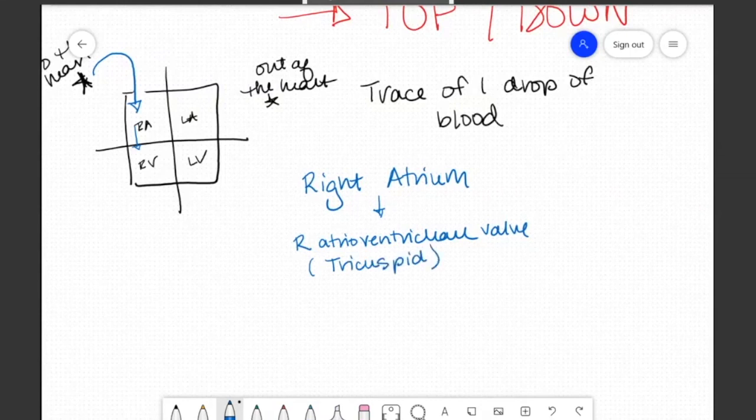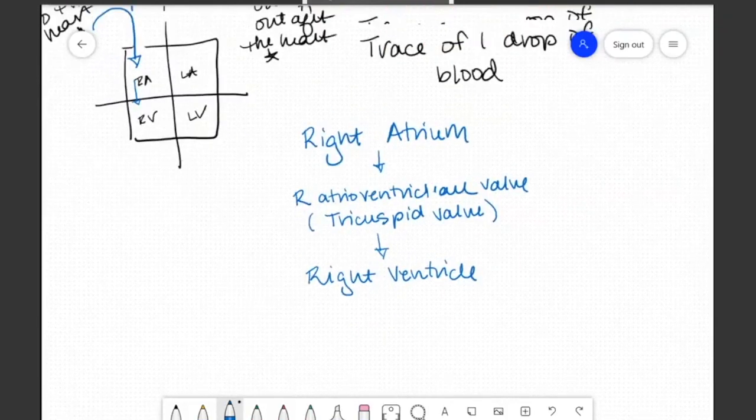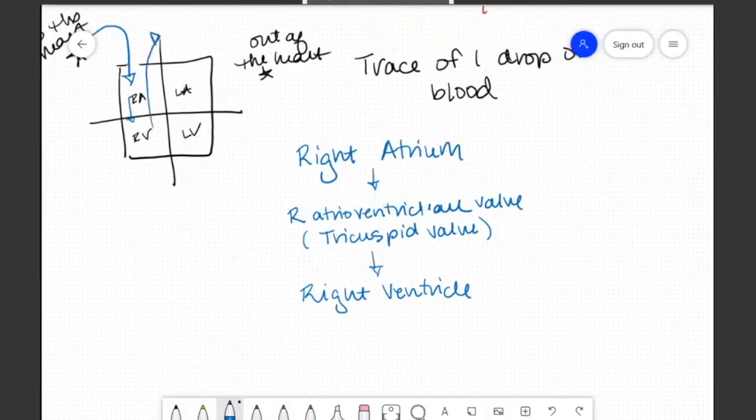So it's going to go through that doorway, either through the right AV valve or the tricuspid valve. And then it's going to go from that doorway into the right ventricle. Sound good? And then remember, the right ventricle is going to essentially go out of the heart on the right side, and the doorway that it will go through will be right here, and that will be your right semilunar valve.